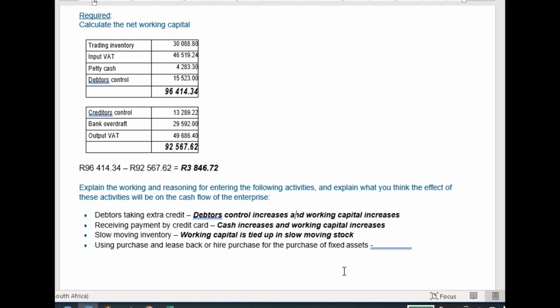While, because it's for fixed assets, our current assets is not going to increase. So our current liabilities rather is going to increase, but our current assets is not, because it's a fixed asset, long-term asset, or non-current asset rather, and so therefore our working capital is going to decrease. Let's say that.